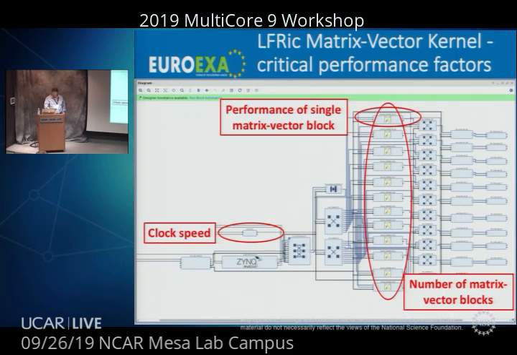This little block here is the clock wizard, which is how you generate different clocks. So those are the 3 important factors. With the performance of the single block, I think we're doing quite well. As I said, we're approaching the two flops per cycle. That is the aim. The problem with increasing the number of blocks and the clock speed is that eventually you run into timing constraints.